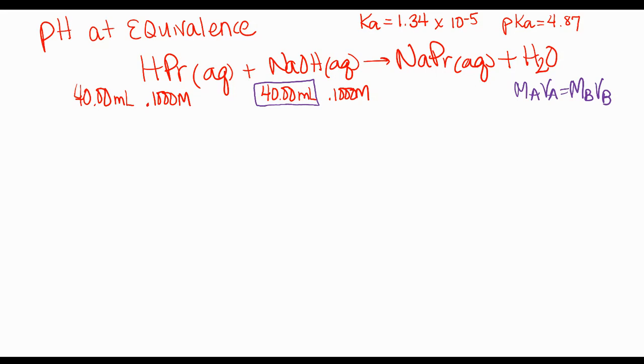Okay, so now let's find our millimoles. Remember, we just multiply them. That's the nice part about millimoles. And then, who's our limiting reagent now? Well, they're stoichiometrically equal. They both run out at the same time.